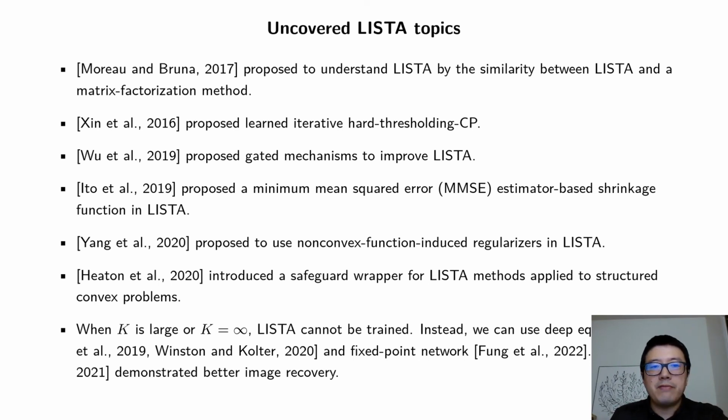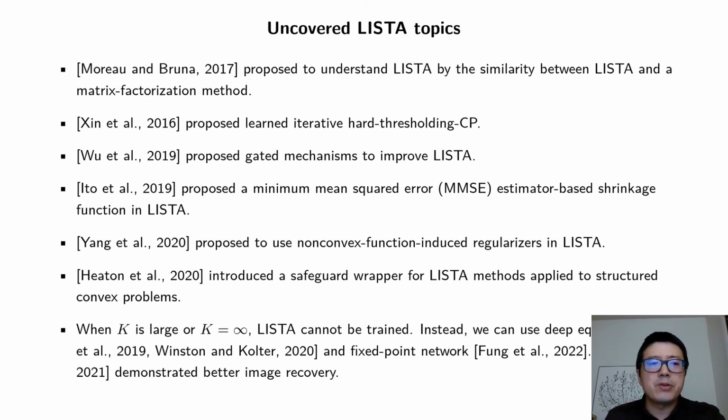This paper has proposed a gated mechanism to improve LISTA. And this paper has proposed a minimal mean square error estimator-based shrinkage function in LISTA, improving the performance of LISTA. And this paper proposed to use non-convex function-induced regularizers in LISTA, so you don't have to restrict yourself to L1 or other convex regularizer. You can use non-convex regularizers.